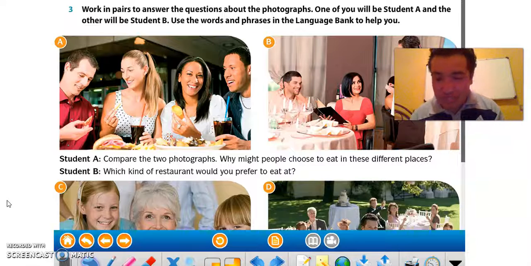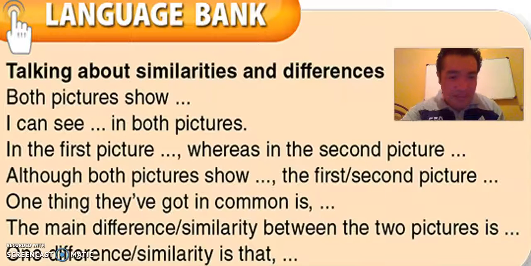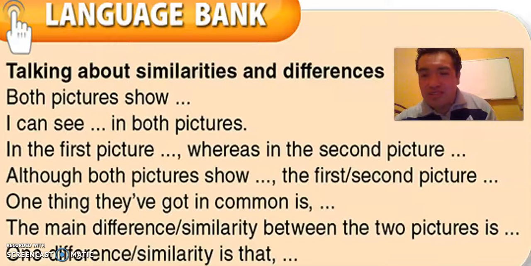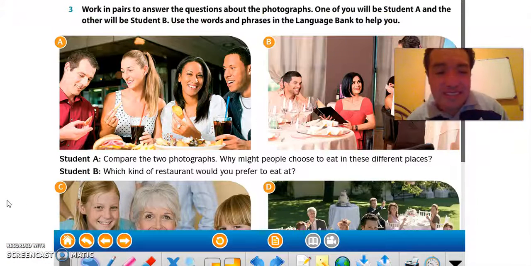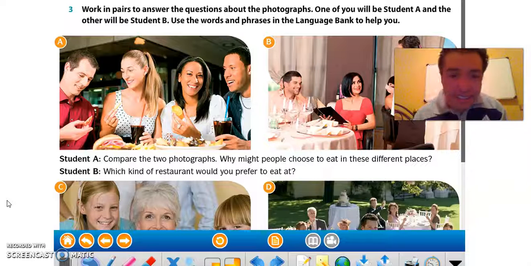So I'm going to use one of the expressions that we already saw, the main difference between the two pictures is... So I can say the main difference between these two pictures is that in the first one, they are just having fun, they are not celebrating a special occasion, they are just hungry, and maybe they are in a hurry because they are eating fast food, although they don't seem to be in a hurry.